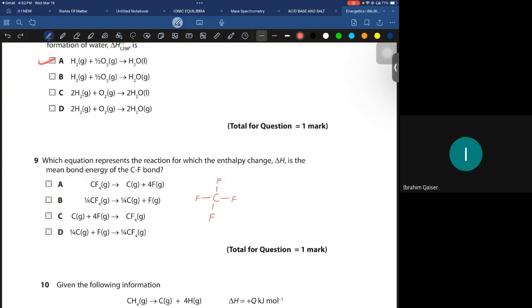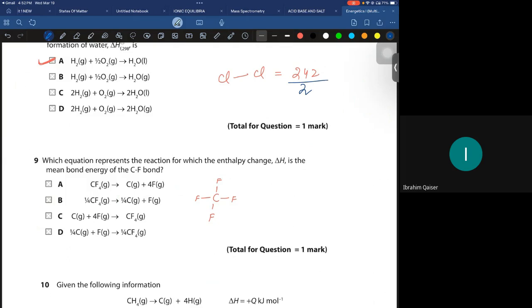Chlorine means it's Cl2, that is 242. But if I need one chlorine atom, I would be dividing it by 2. In most cases, when we are solving bond energy questions, we do the same thing. This is the standard method, to form an atom. It's better to find out the bond energy of an atom.